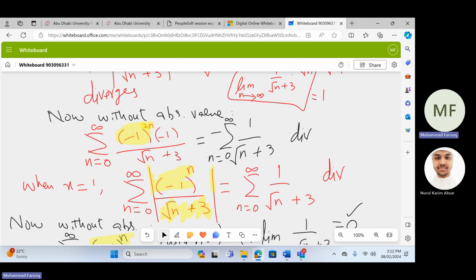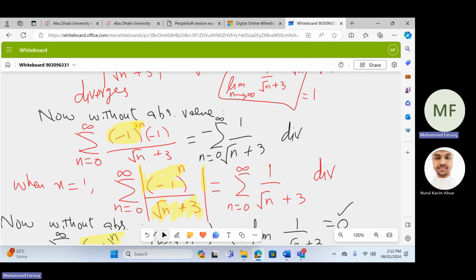This series we have done here, 1 by root n plus 1, basically diverges to infinity. If infinity has a negative sign, this is diverged, no effect.